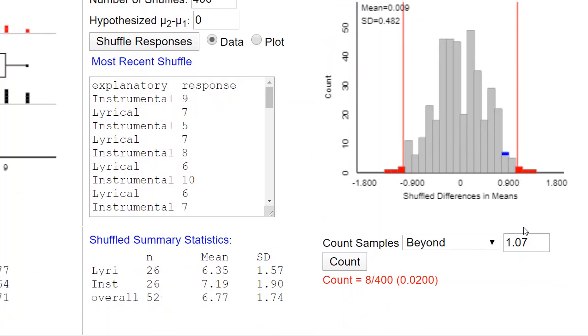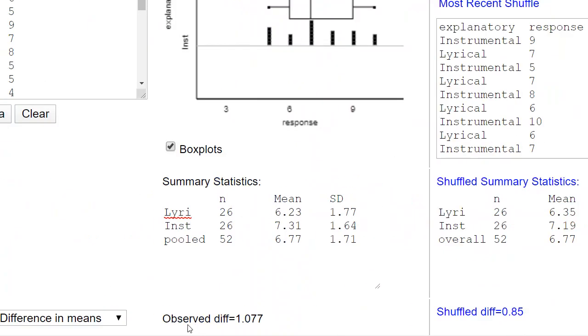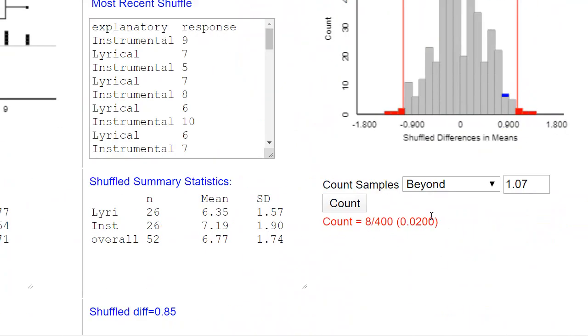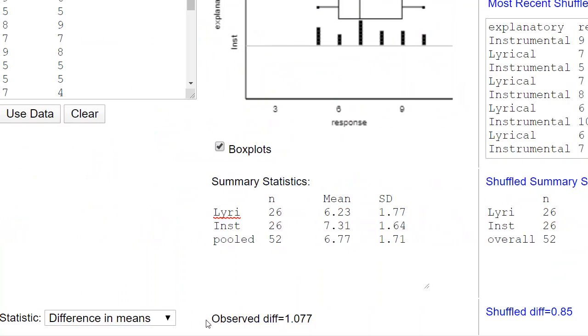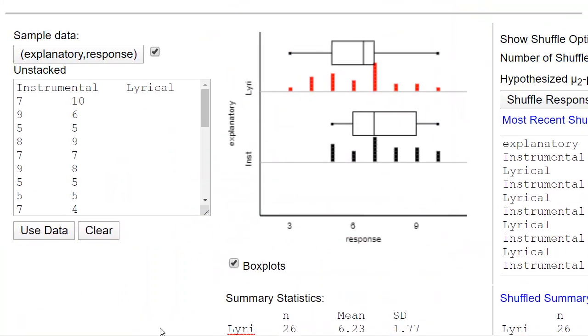And in this case, it looks like we got 0.02. Okay, so that was our p-value. So it seems unlikely that the difference we observed here could be due to random chance. Although 0.02, that's strong evidence, but it wouldn't be very strong evidence, right? So this is the standard two-group Chapter 6 method.